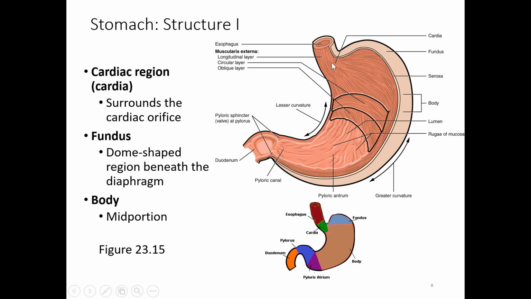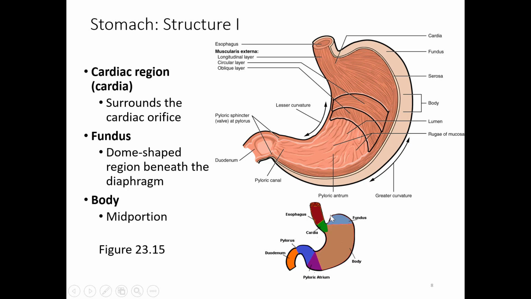So the esophagus enters the stomach, and right here where it happens, that would be the cardiac region of the stomach. Here it is, exactly the borders, the place where the esophagus enters the stomach. So the cardiac region surrounds the cardiac orifice, or opening of the stomach for the esophagus.